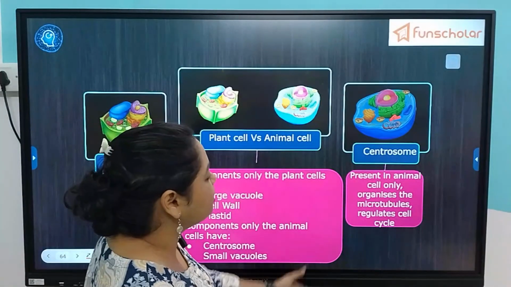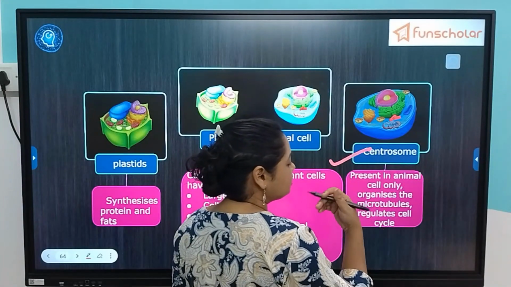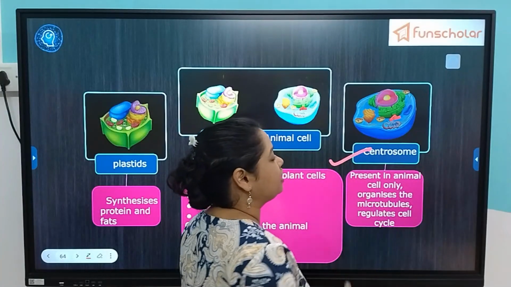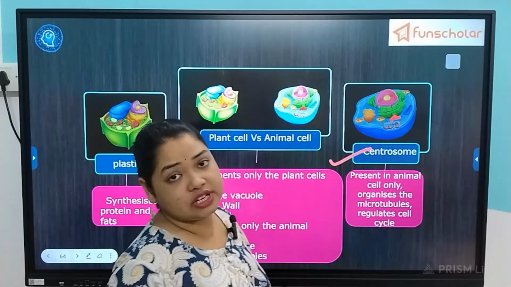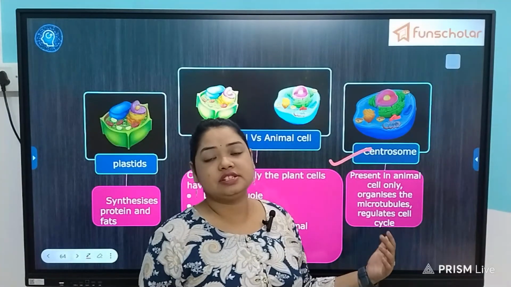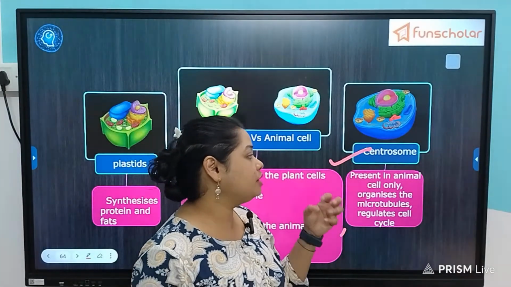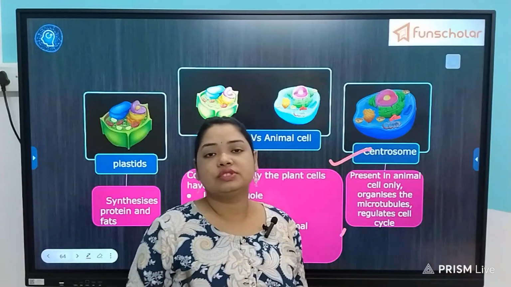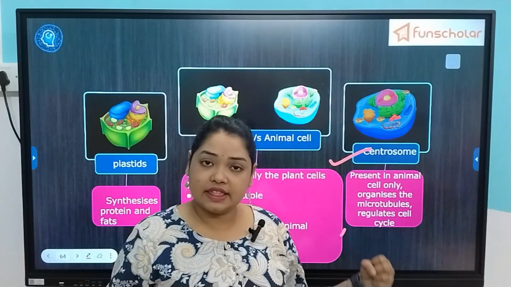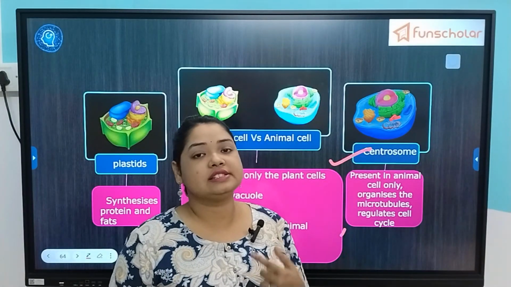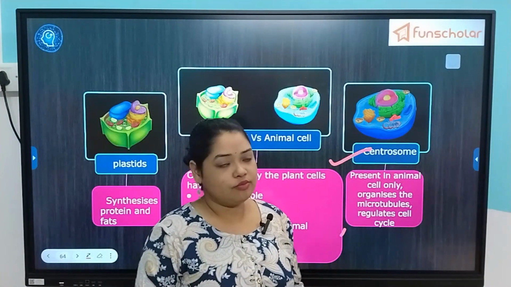Then centrosome, this is also another organelle present in the cells, that helps the cell to divide. When cell division occurs and there is duplication of the genetic material before there is division of the nucleus, the centrosomes actually pull apart the two sets or two copies of the genetic material from one another, and then the nuclei and subsequently the cytoplasm and the cell divide to form two cells from one cell.